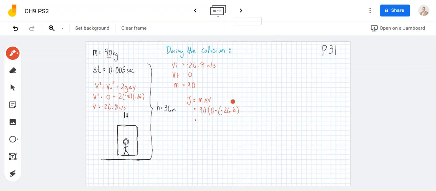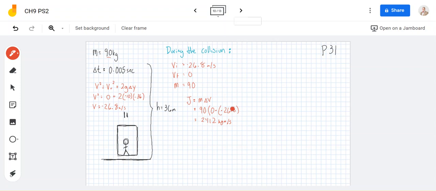Now again, if you are using a g value of 9.8 or significant digits, your numbers are going to vary a little bit. But we're trying to get in the ballpark.